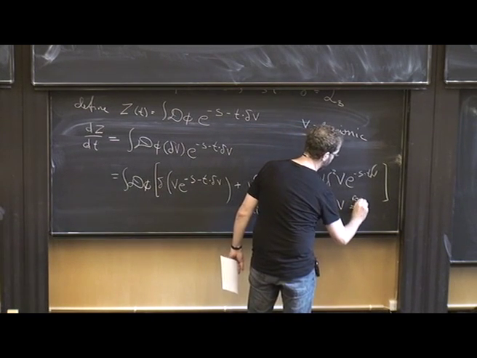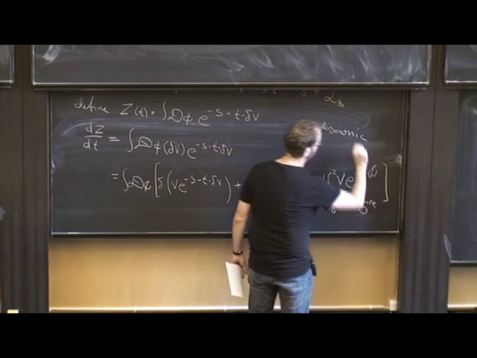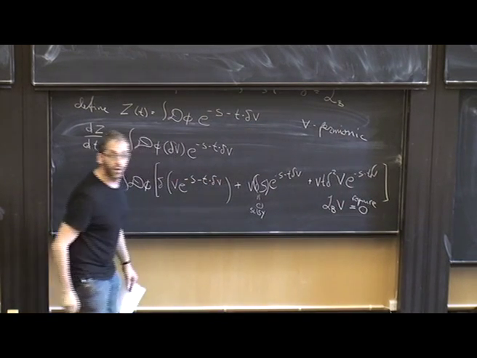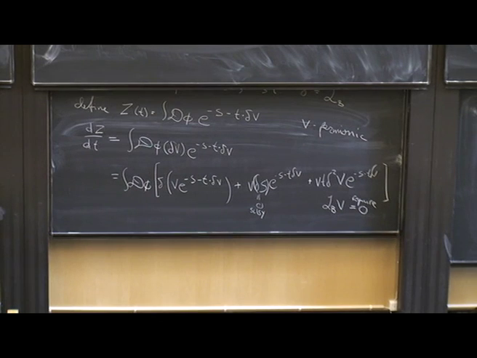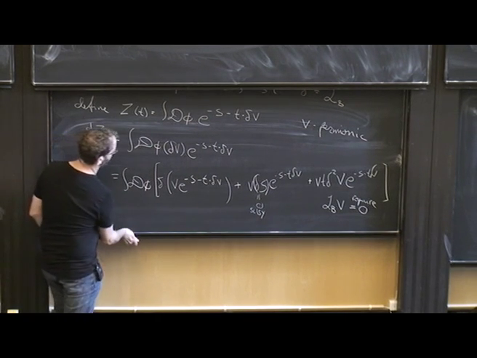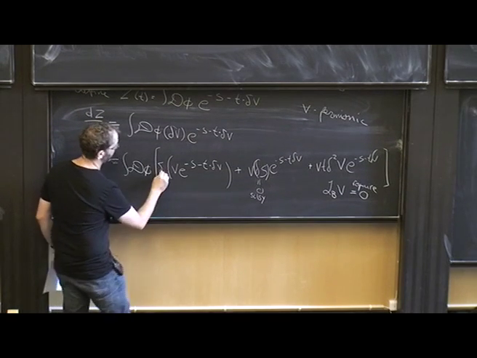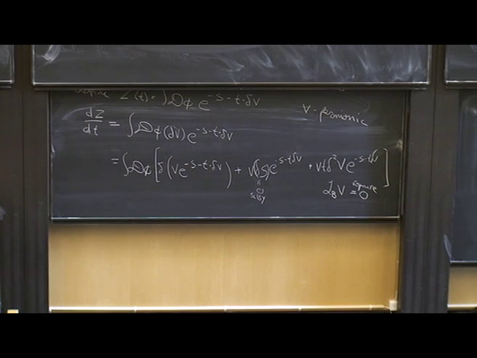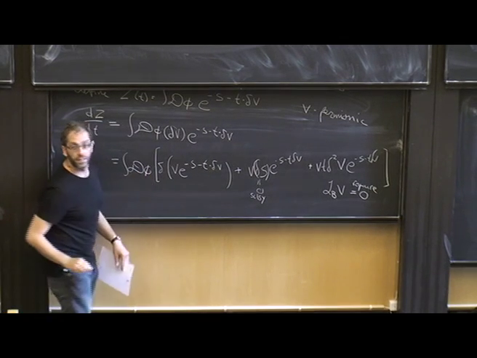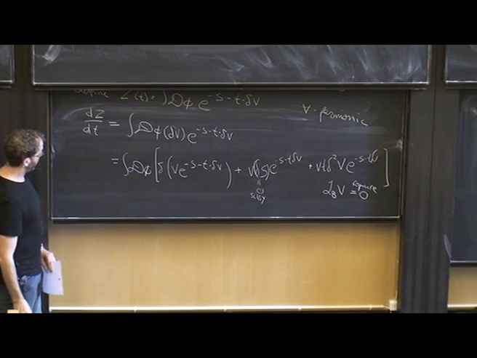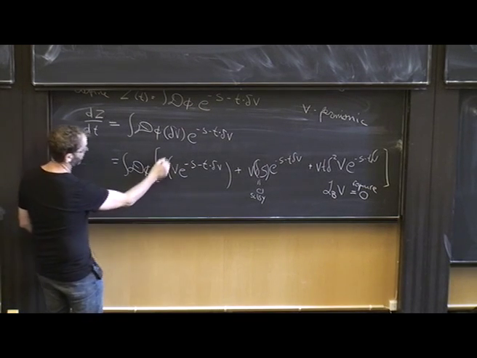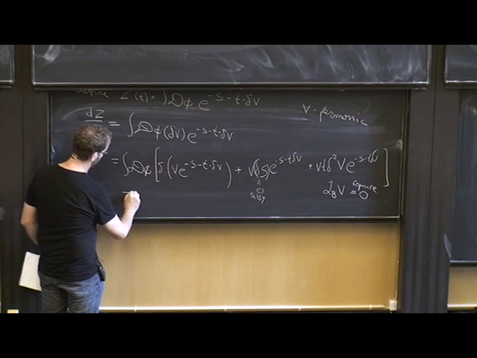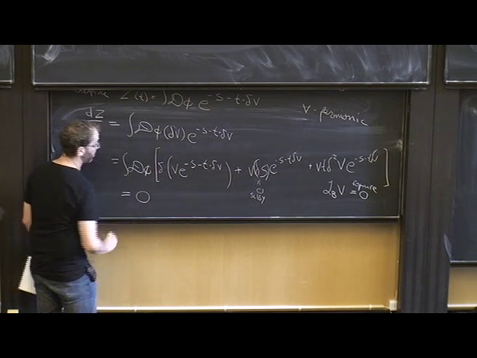We require this. So when we choose V and delta, we need to require this. And then we have delta of the whole thing. So this is an integral of a variation. So you want to consider this as a total derivative and say that this is equal to 0.